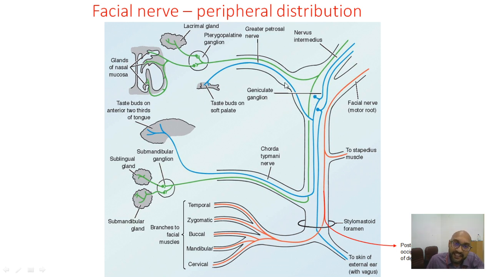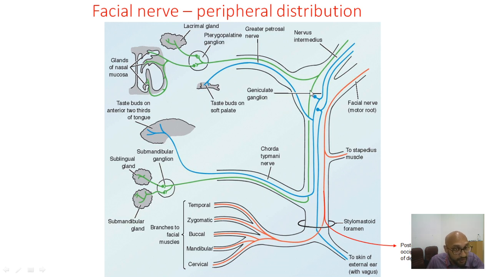Now, at the geniculate ganglion, it gives off a branch known as the greater petrosal nerve, which contains one component of the parasympathetic fibers and also some sensory fibers. Then it goes around a part of the internal ear known as the promontory, and over there it gives off the motor branch to the stapedius muscle.